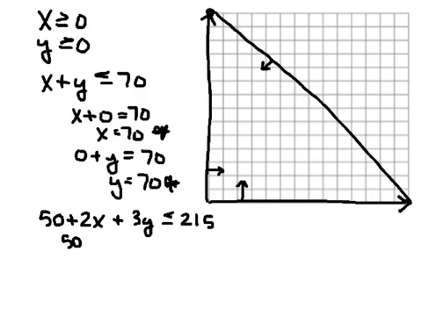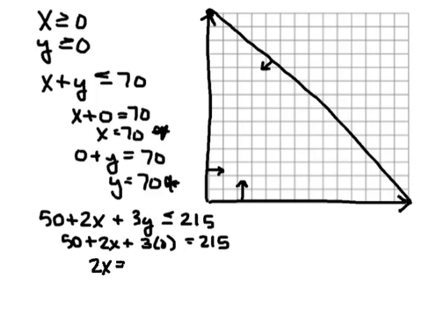So we have 50 plus 2x plus 3 times 0 equals 215. Solve for x. Pause. 2x equals 165. X equals 82.5. We're off the graph. That's a bummer.